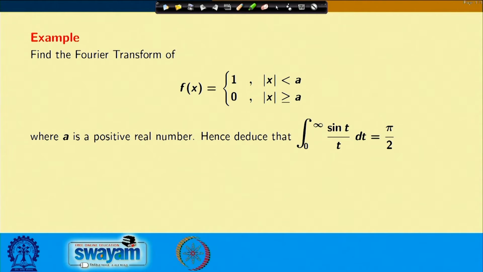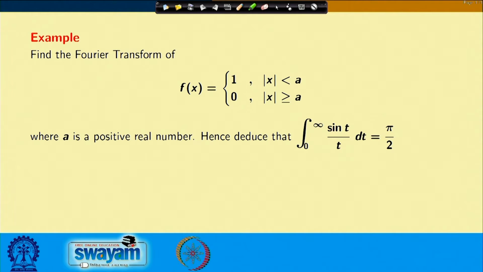We have also proved one more thing, that the Fourier transform and Fourier cosine transform of a function are always the same. So, let us recap these things with one more example.